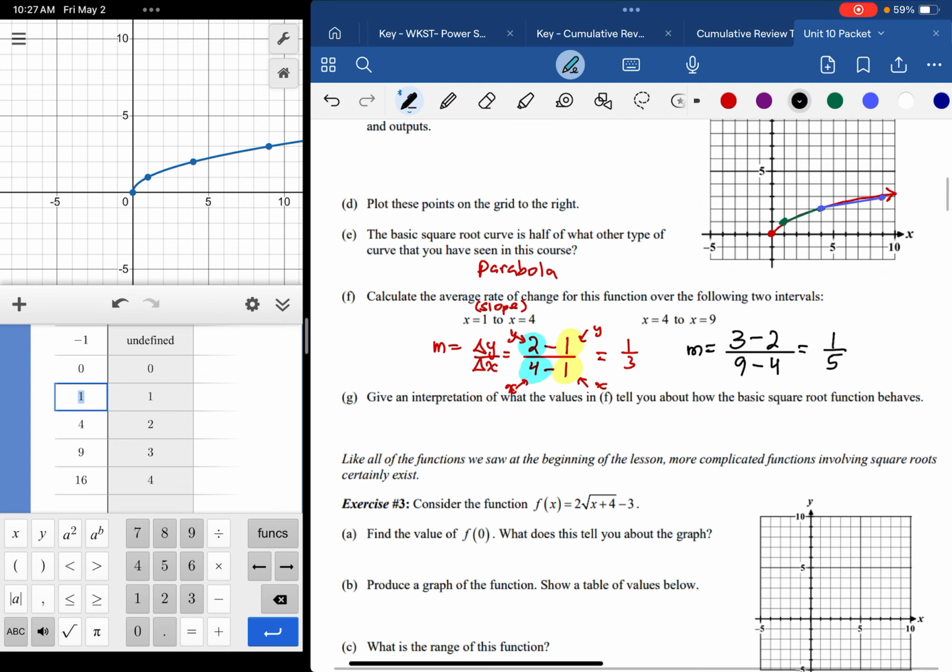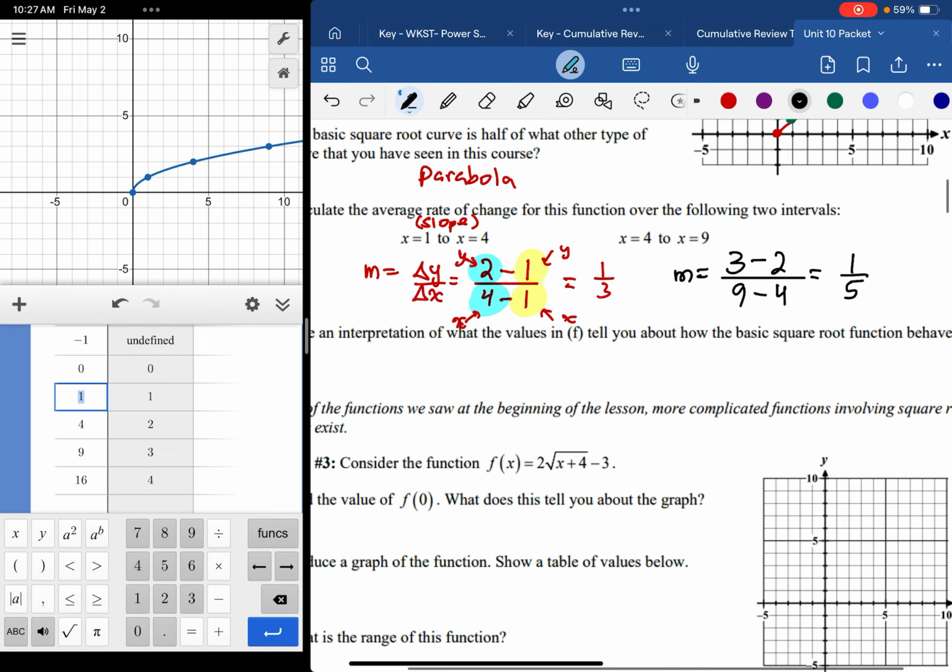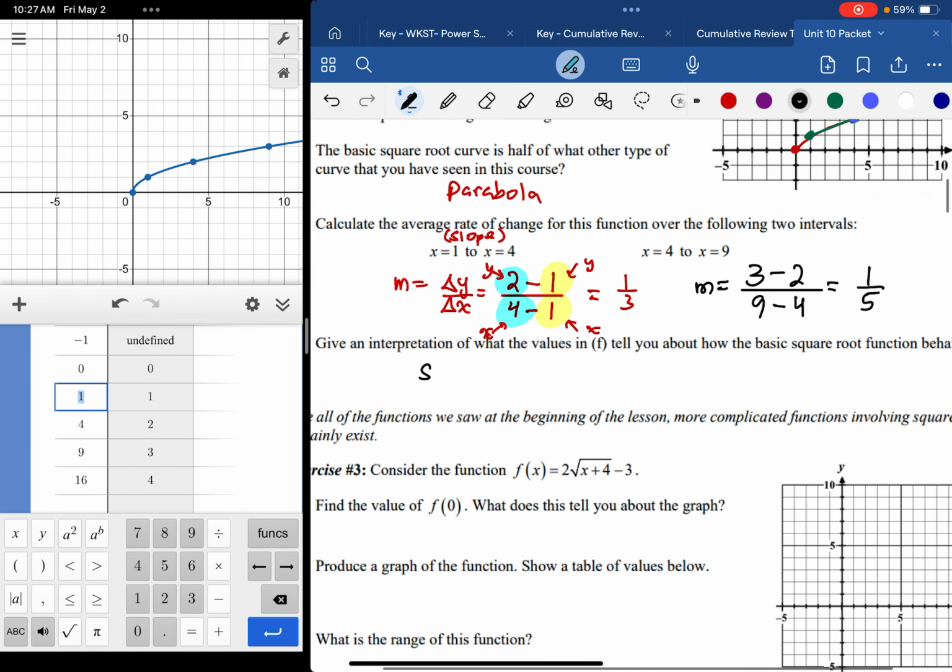So when it says give an interpretation of what the values in f tell you about how the basic square root function behaves, we could write a simple statement like the slope decreases as the x values increase.